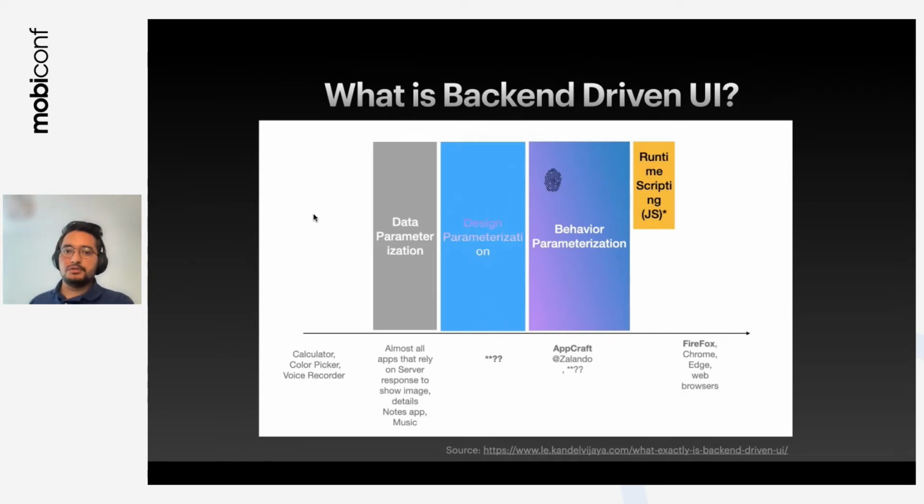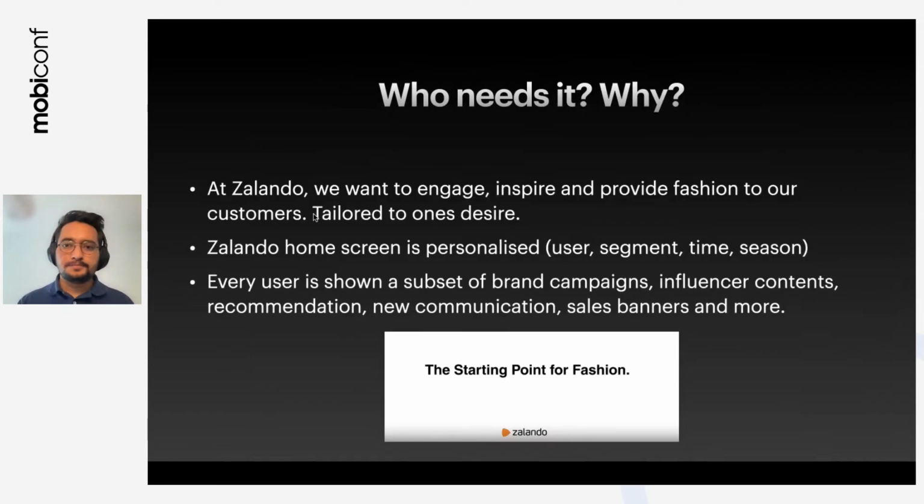Essentially, web browsers are the best examples of complete backend-driven UI, right? So we also don't want to be a web browser, or we don't want to use WebView too much. I guess you would agree with that. So if somebody comes to you and says, hey, I have a backend-driven UI, you can ask them, what kind of parameterization do you support? And that would be a nice way of moving the conversation ahead.